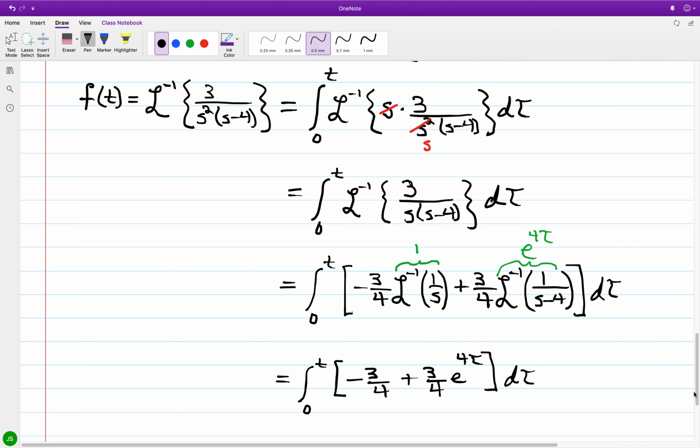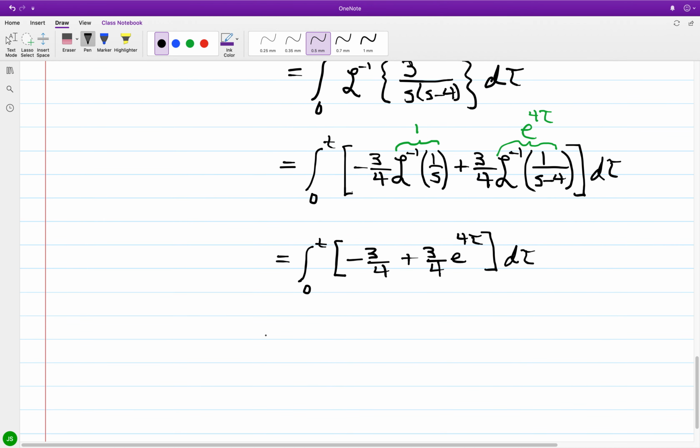quantity d tau, and taking the antiderivatives, integrating over the variable tau, we have negative 3/4 tau, and we're going to divide by 4 once again, so we have 1/4 of 3/4, which is 3/16 of e to the 4 tau.